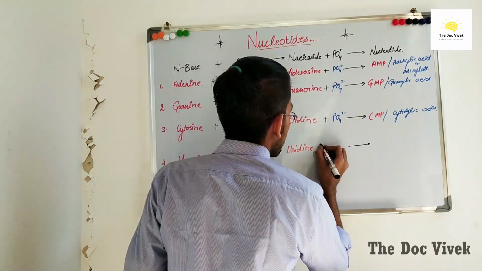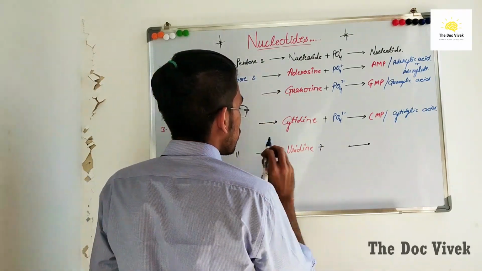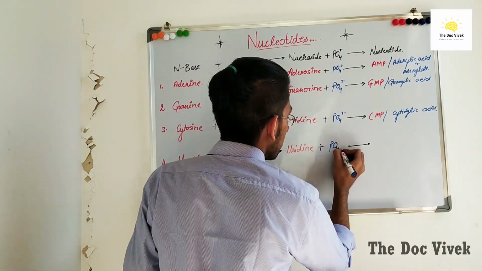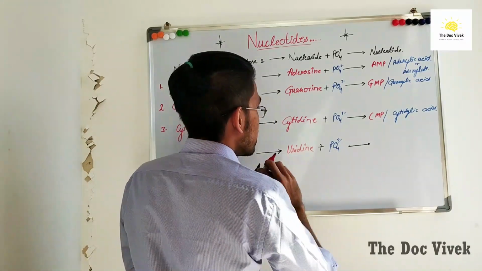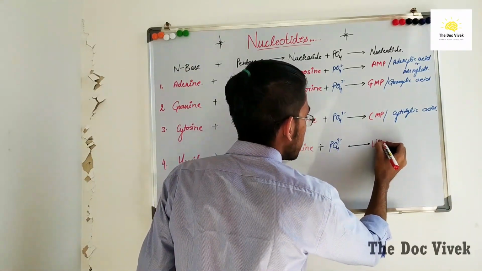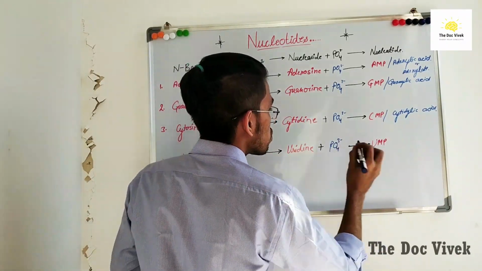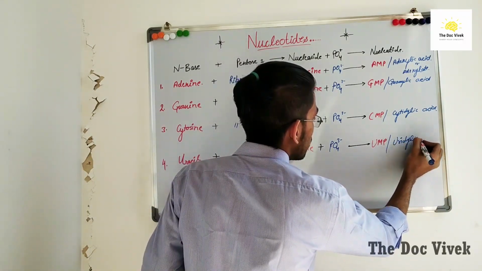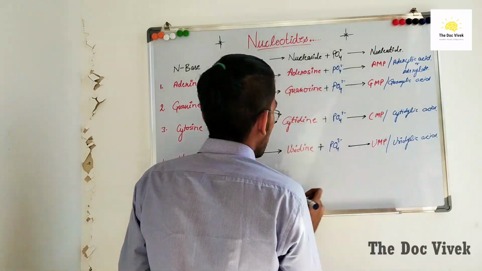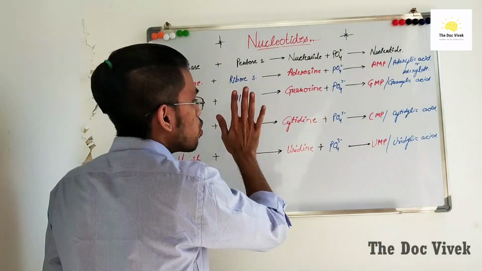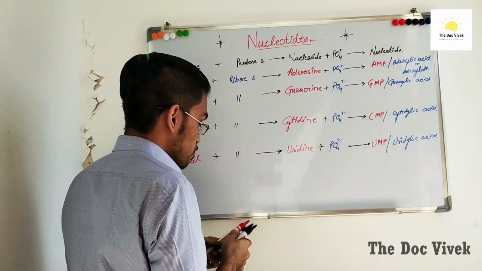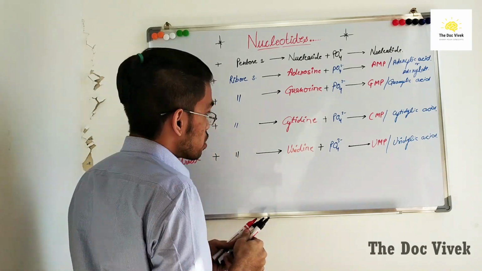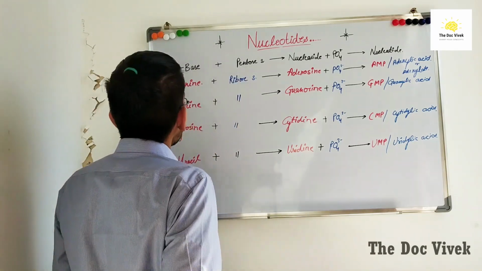And if further phosphorylation of uridine takes place, it results in the formation of uridine monophosphate, which is also termed as uridylic acid. Okay, so this was all about ribonucleotides. So without wasting our time, let's move towards deoxyribonucleotides.